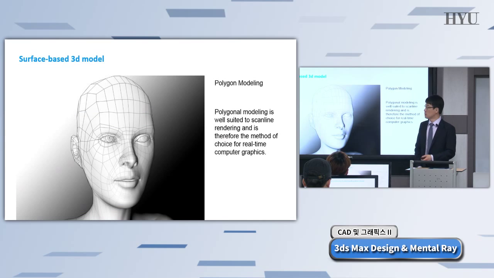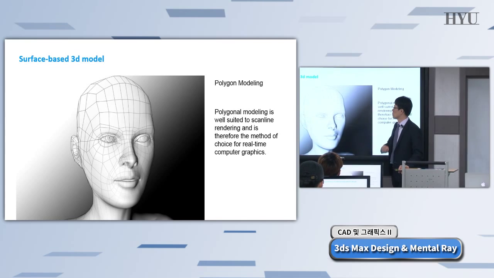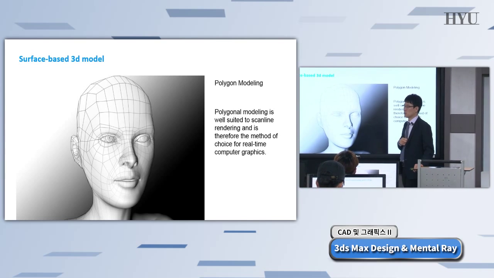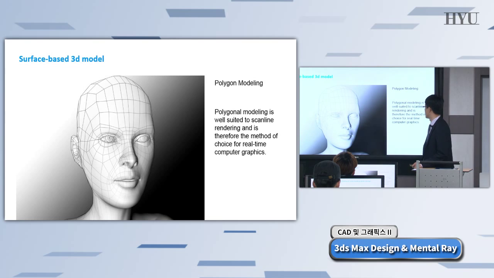So this is an example of a surface-based 3D model. A so-called mesh, this kind of spider web-like object, we don't need to render considering the entire structure. We can render from top to bottom, one line after another. Surface-based models are very good for real-time computer graphics.